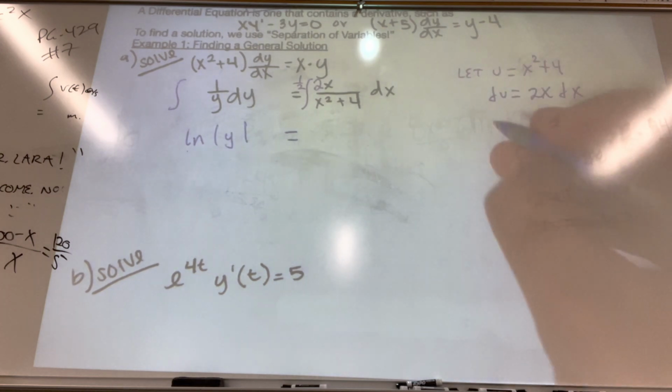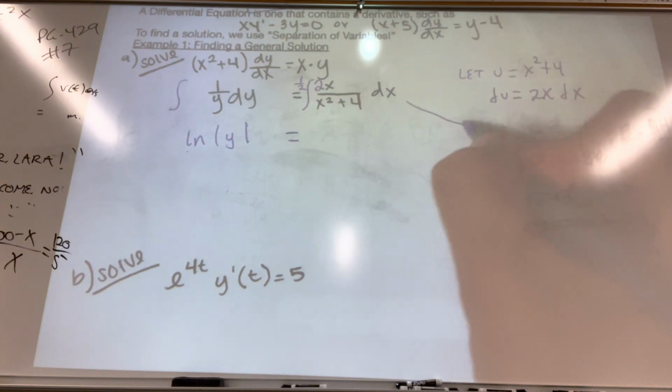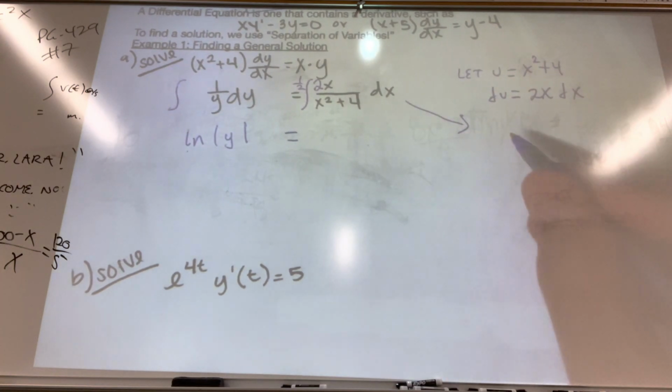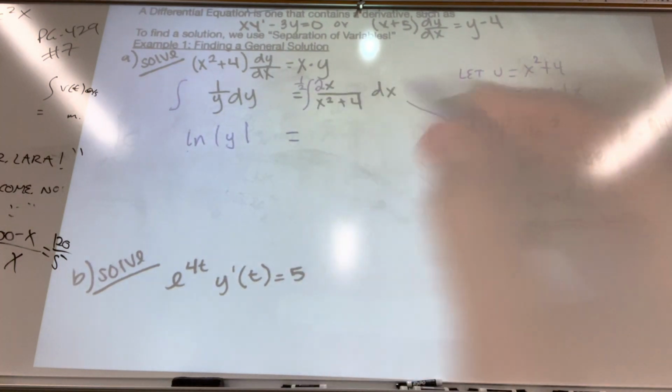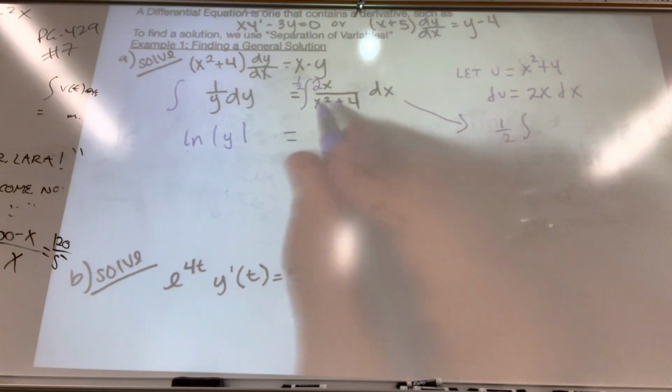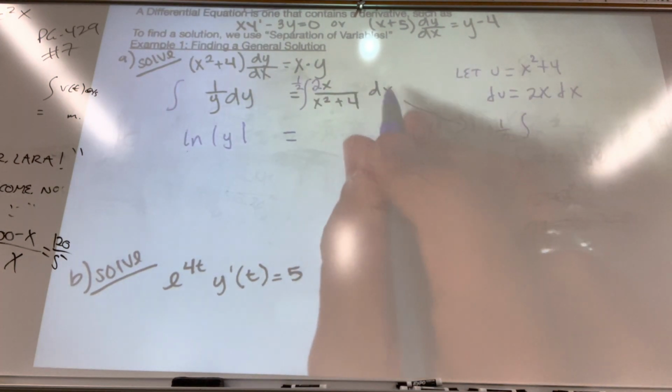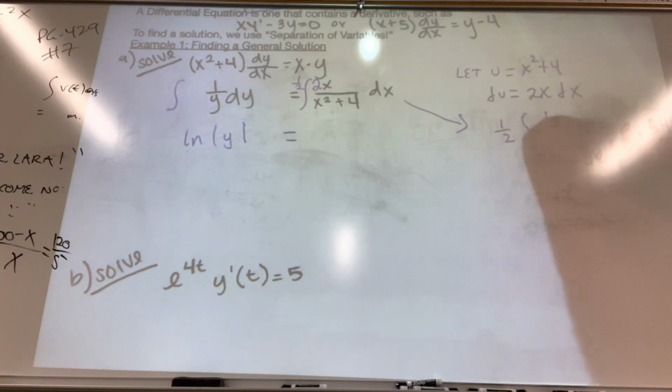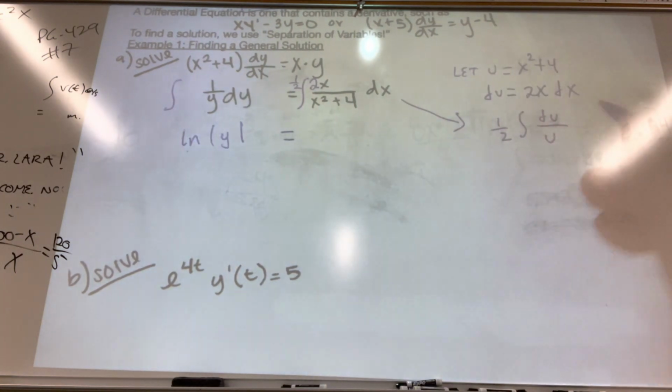Okay, and so I'm taking a little detour here to do the u substitution. So this integral becomes 1/2 integral of what? du over u. Do you see that at the top I have du, and at the bottom, u? Well, isn't that a lot nicer?